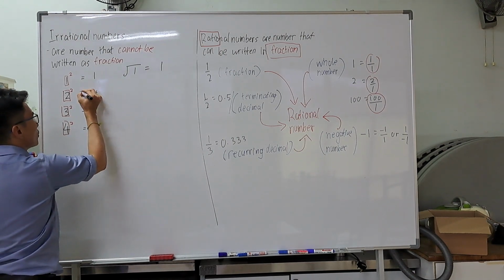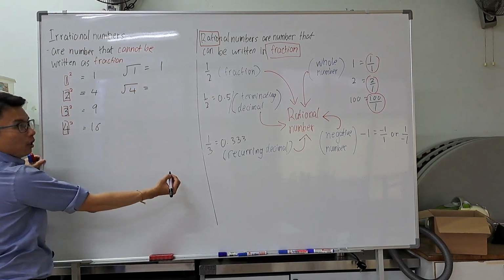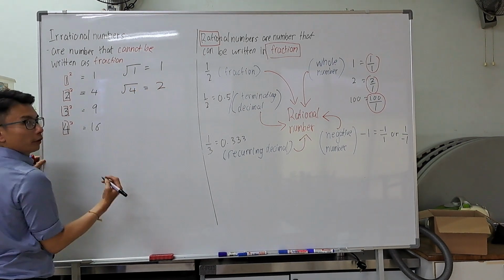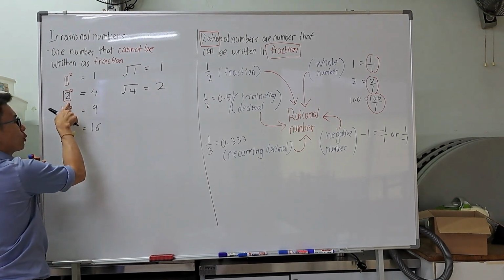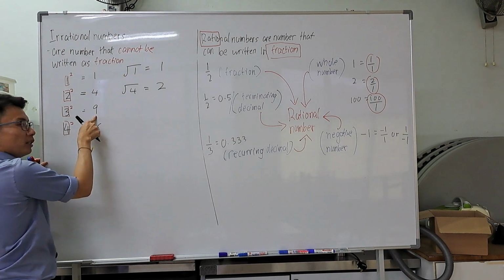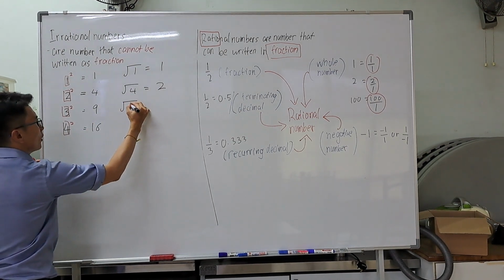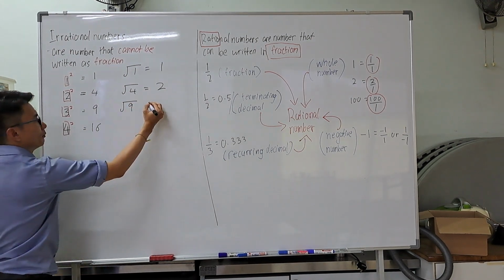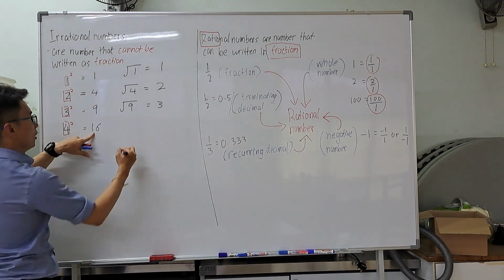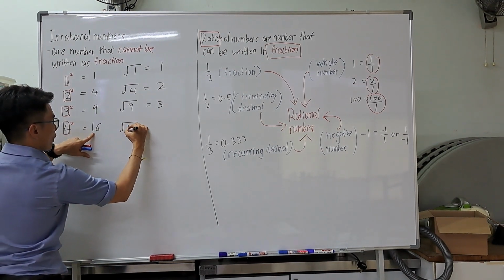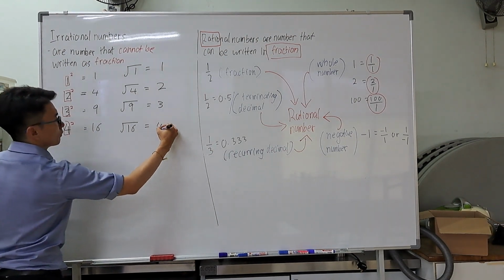If I take the square root of 4, I will get 2. If I take the square root of this number, I get back the original number. Same thing over here. If I take the square root of 9, I will get 3. If I take the square root of 16, I will get 4.